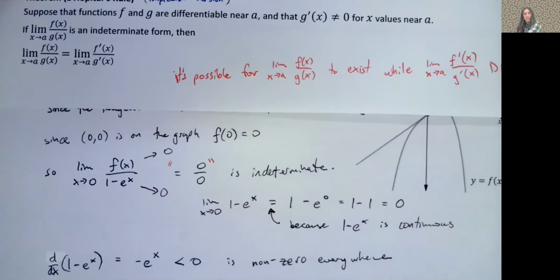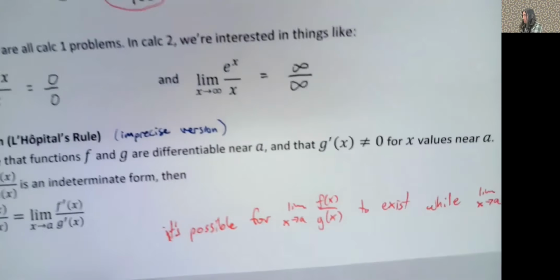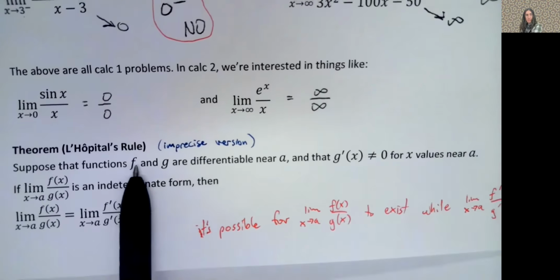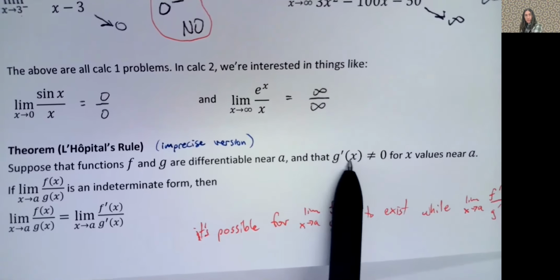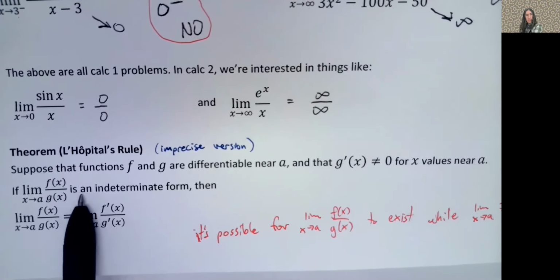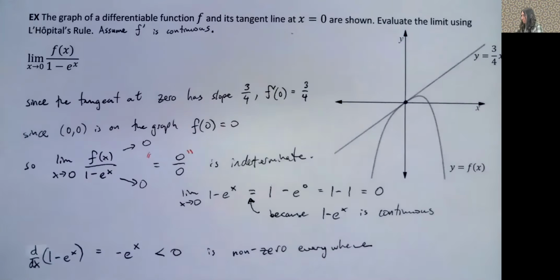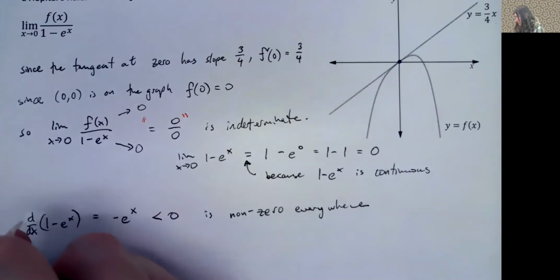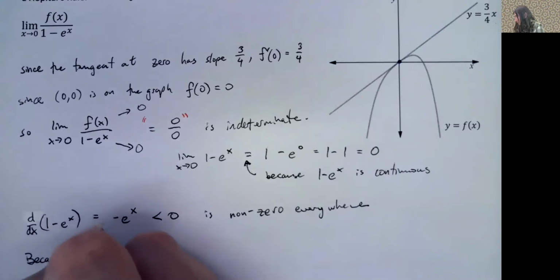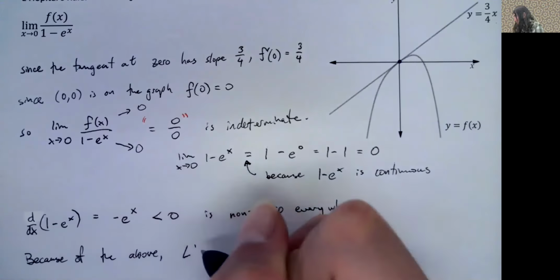Okay, so everything that I've been doing here in these lines is nothing more than just evaluating the hypotheses. These are differentiable. The denominator is non-zero, the derivative of the denominator is non-zero, I mean, and the limit we're taking is an indeterminate form. Okay, so because of all this, L'Hopital's rule applies.